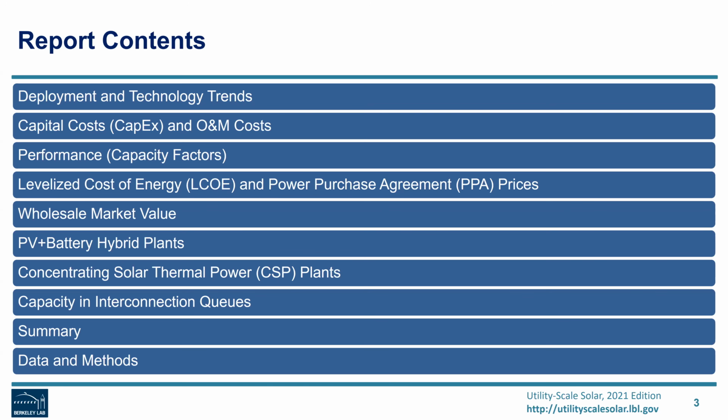Then Yo will take on explaining wholesale market value and trends in that for utility scale PV plants. I'll talk a little bit about this trend towards hybridization and some of the data we've collected on PV plus battery plants. We'll skip the concentrating solar thermal power, or CSP, section, given that there hasn't been a whole lot of market activity in that realm in recent years. And then finally, we'll take a bit of an outlook to see what's in the pipeline via the interconnection queues. And then, as I mentioned, we should have some time at the end for questions as well.